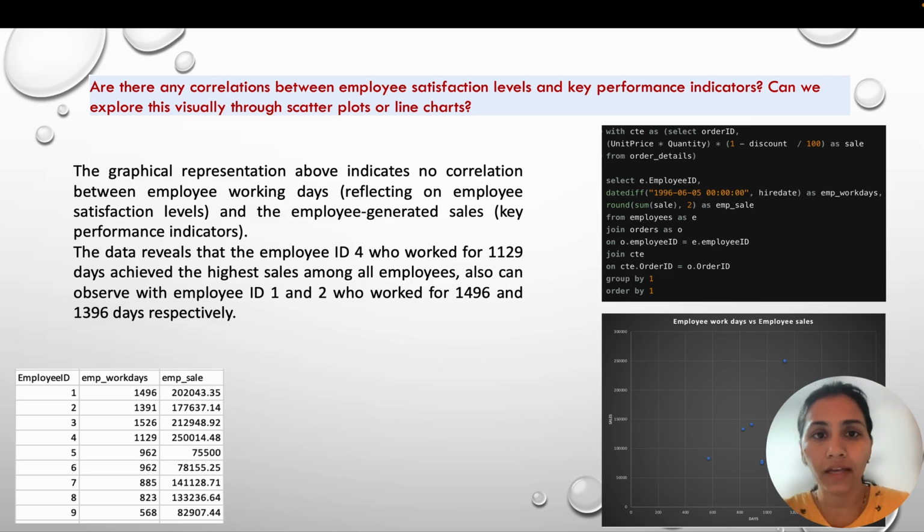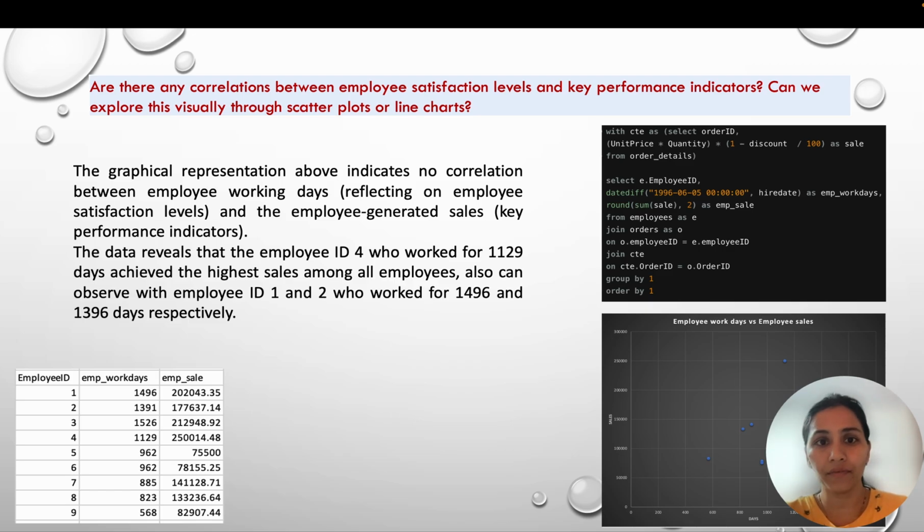So for this one, the SQL query is, again, I have created a CTE for the revenue, and then for the data set, filtering the data will give the employee ID and the employee working days, which we will be calculating by the date diff function of the hire date and the last date of the data set.